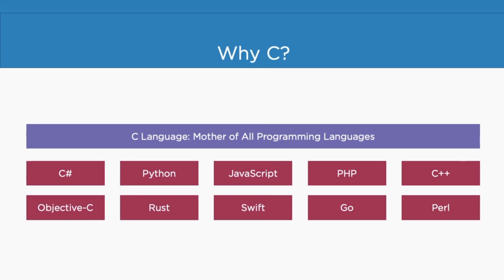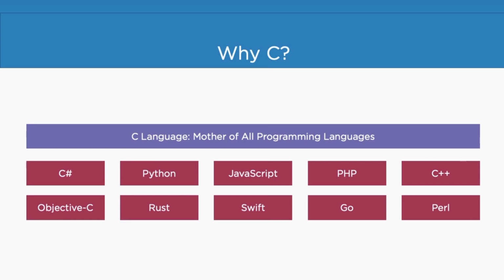Which means if you successfully complete this training, then you will be able to learn any other programming language in real quick time. So this is the reason why almost all the universities in the world at first always give importance to the C programming language in their syllabus.